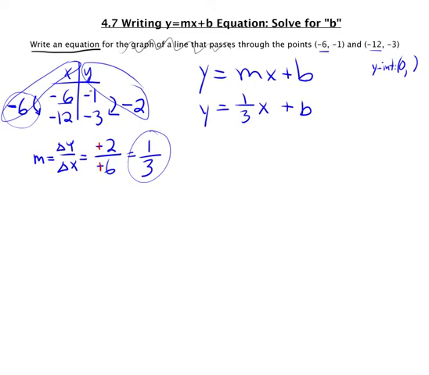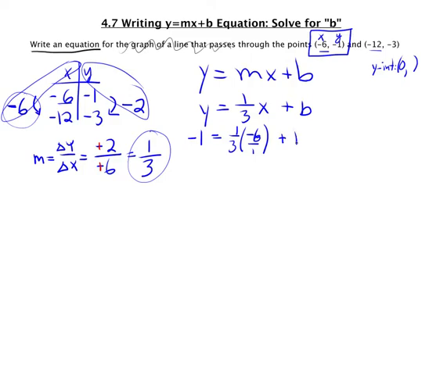So I notice that in my coordinate pair, I already had an x and a y. So my x is -6 and my y is -1. So I will substitute those in. I need to be careful because that -1 is the y. So -1 equals 1/3 times -6. Oh, and I'll need to make that a fraction to multiply it.